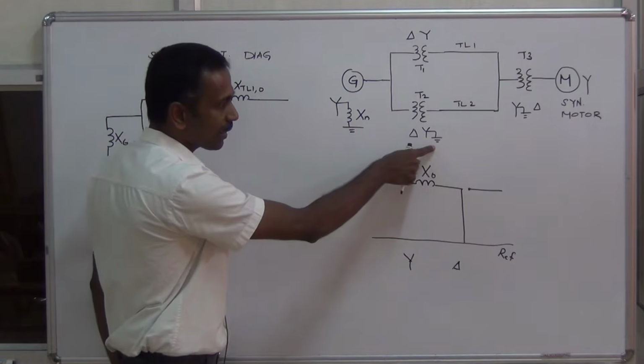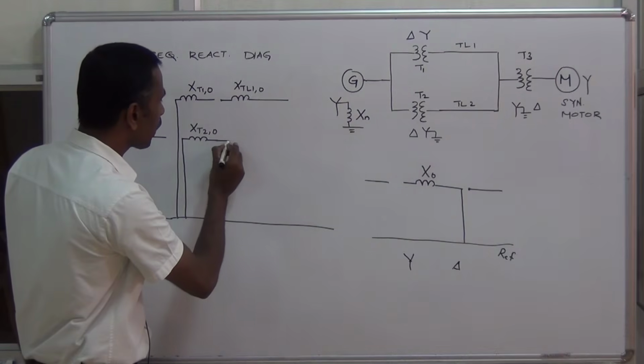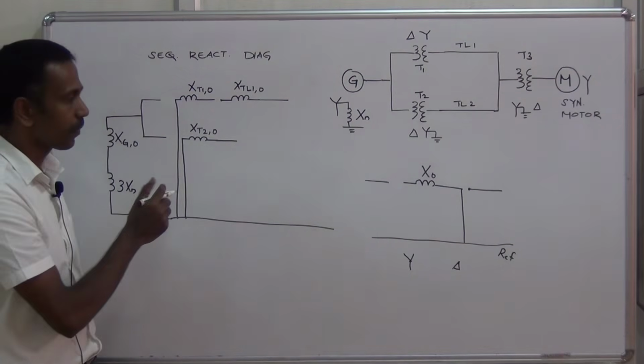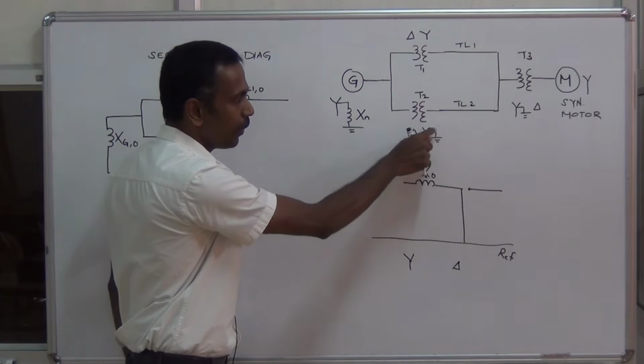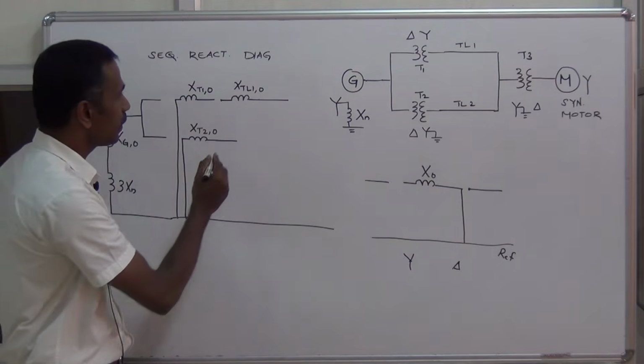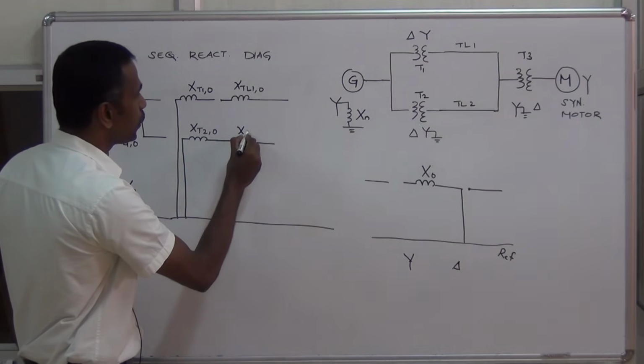Look at the secondary side, it is star with neutral grounding. So this circuit is complete because zero sequence currents can flow through this neutral grounding. The next element is the transmission line 2.